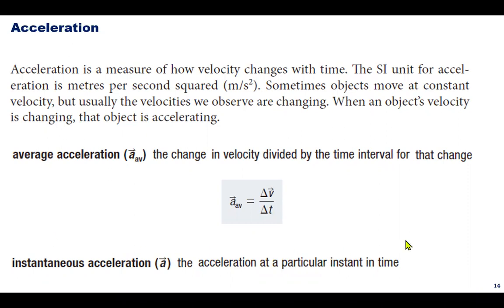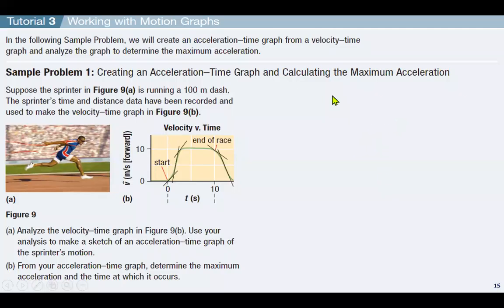Okay, now let's consider an exercise here. Suppose the sprinter in figure 9a is running a 100-meter dash. The sprinter's time and distance data have been recorded and used to make the velocity time graph in figure 9b. Note that this figure is a velocity versus time figure, showing the trend of velocity with respect to time.